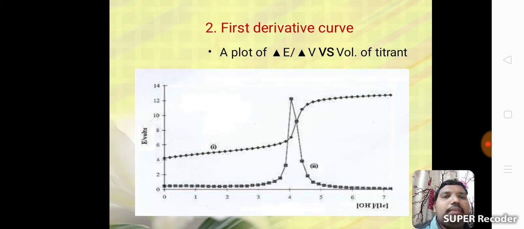On the y-axis delta E by delta V, on the x-axis volume of titrant. See, this is the second graph, the first derivative curve. Here there is a sudden increase, and that point is the endpoint value. Next, a sudden decrease and it goes horizontal.